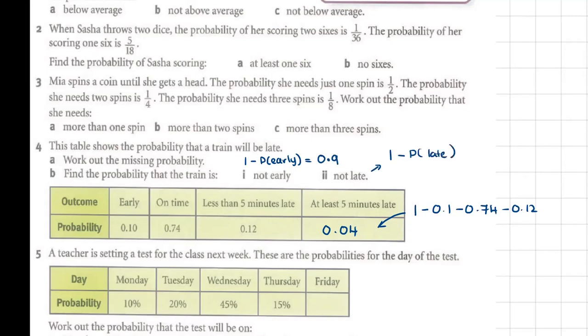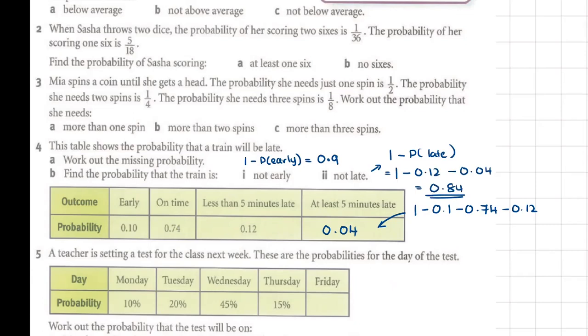There are two types of late, 5 minutes late and less than 5 minutes late. Both are still late, so we need to minus both. So the answer will be 1 minus 0.12 minus 0.04, which is 0.84. All right.